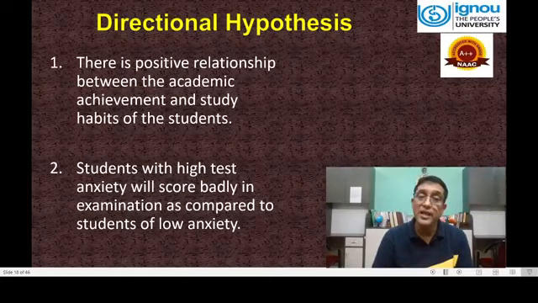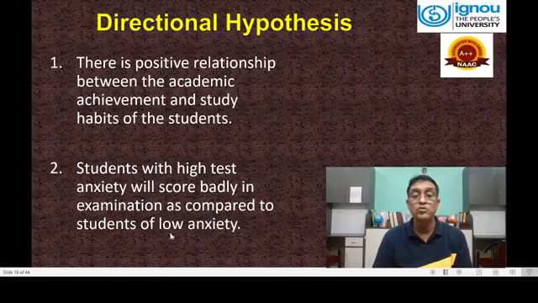And in the second example, students with high test anxiety will score badly in examination as compared to students with low anxiety. So friends, here there is a comparison between anxiety and examination score. High test anxiety will contribute to a bad score, or doing badly in the examination.